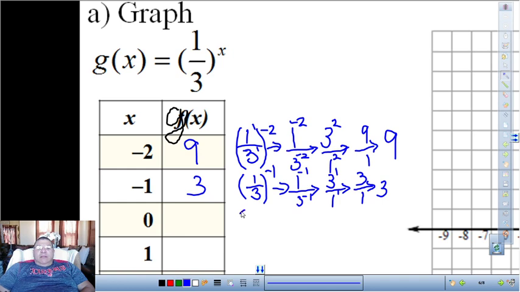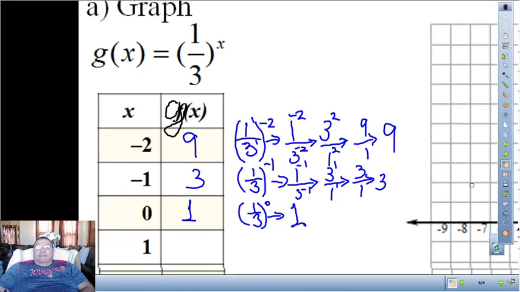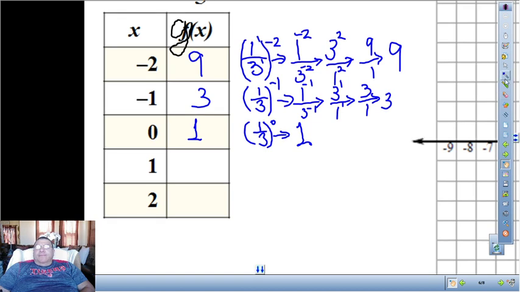Let's go to the next one. 1/3 to the 0 power. Any number to the 0 power is? That's right, 1. That goes right there. All right, next one. 1/3 to the first power.